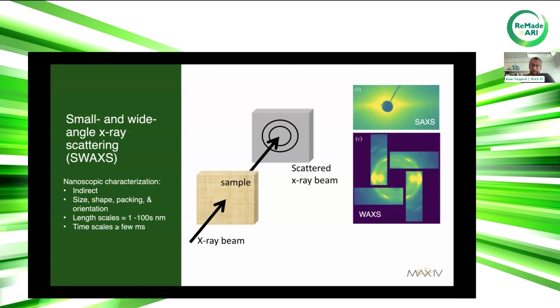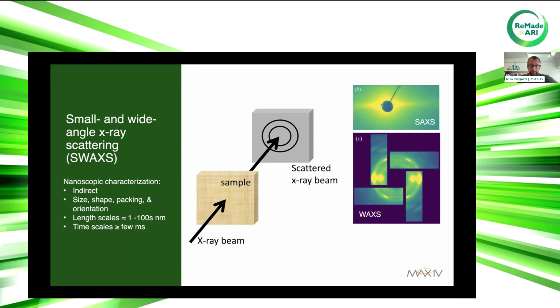Now, these techniques are a bit indirect in the sense that what we're measuring is essentially a square modulus of a Fourier transform of the density in the material. So typically one has to somehow model the structure and what kind of scattering pattern it would give rise to, and then compare to the experimental data to deduce the structure.